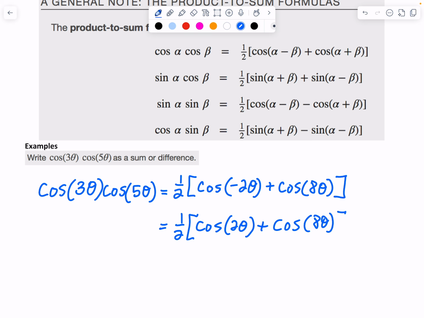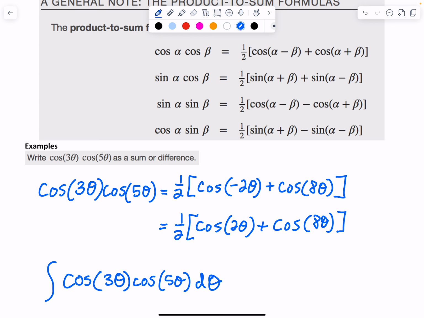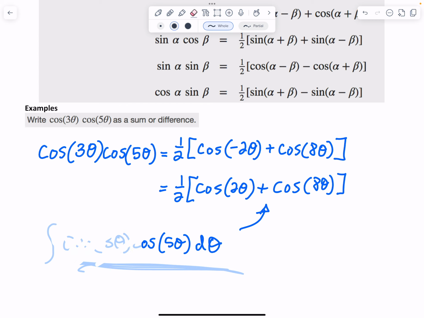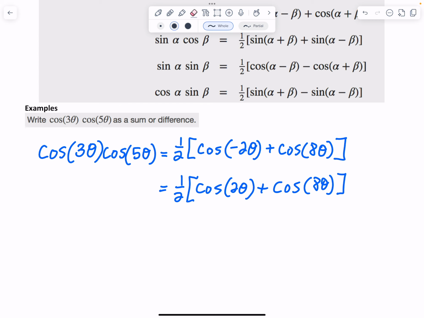Again, it's kind of hard to see why I would ever want to do that. Well, there's a thing in calculus called integration that you'll do at the end of Calc 1. You may not know what the symbol means, but it's very difficult to do it this way, and very simple to change it and do it that way. So that's what you're learning all these for in the future, to get you out of calculus problems that are pretty difficult.